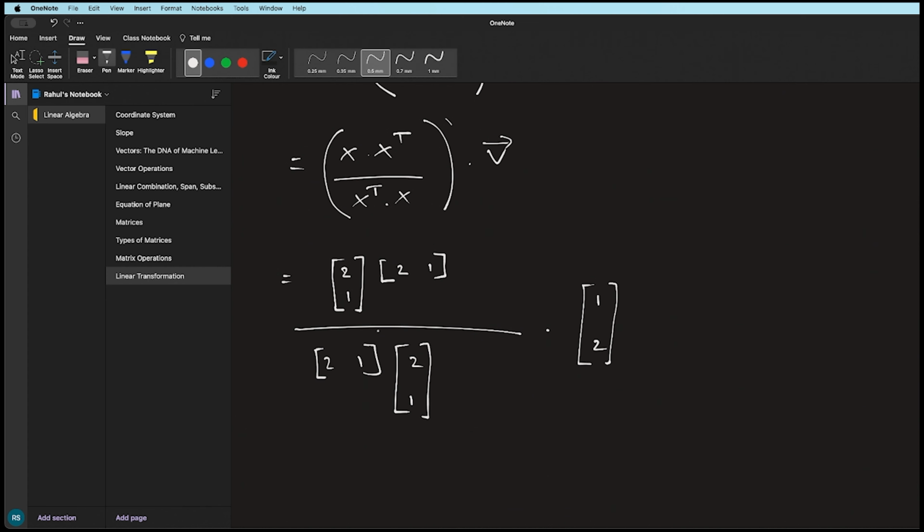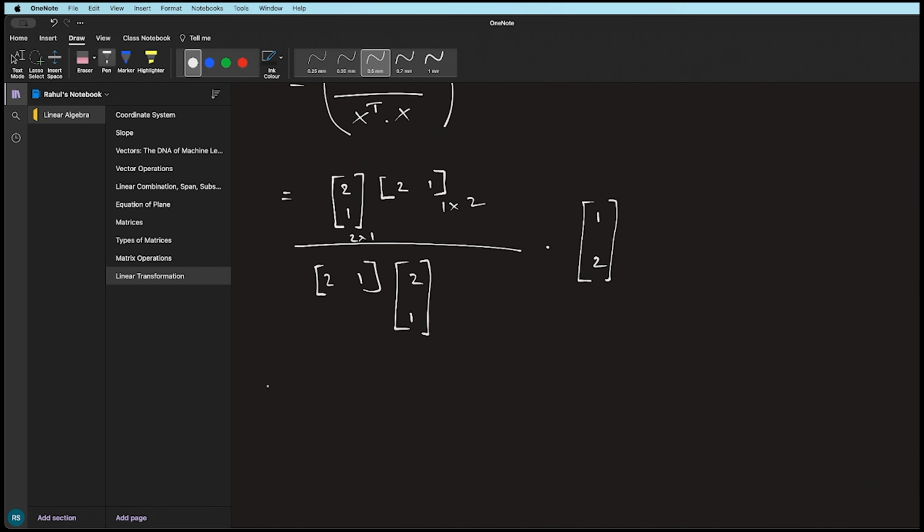Now we know the shape of this vector is 2 cross 1, and here it will be 1 cross 2. So here there will be no dot product, but we will get a 2 cross 2 matrix, and in this case there will be a dot product.